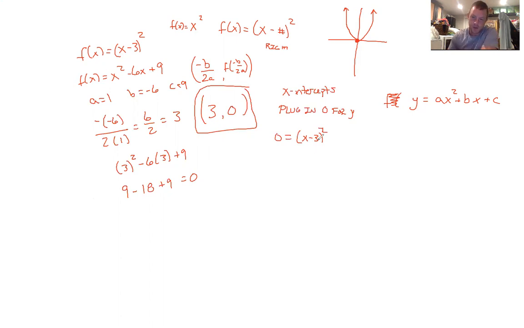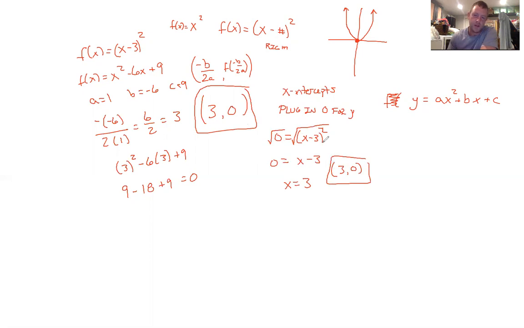In order to get rid of the square, I would square root it. Square root of 0 is 0. So x minus 3. Make sure when you square root something, technically it's plus or minus, but plus or minus 0 is 0. Then you just add 3, so x equals 3. That's your x-intercept, so your point is 3, 0.